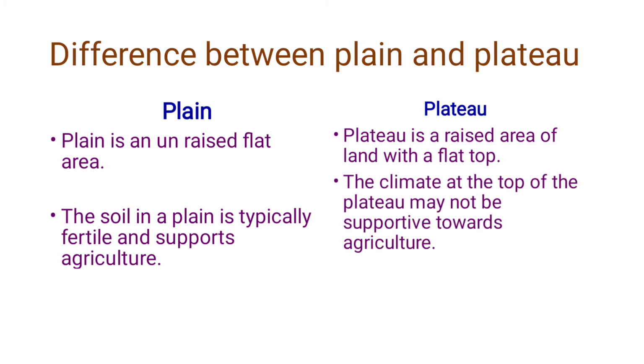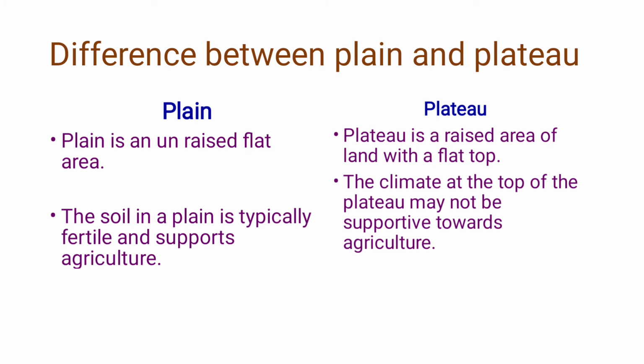And on the other hand, the climate at the top of the plateau may not be supportive towards agriculture. Yes, it is a rocky land, contains rocks, stones, isn't it? So on such a platform, it is very difficult to do agriculture.